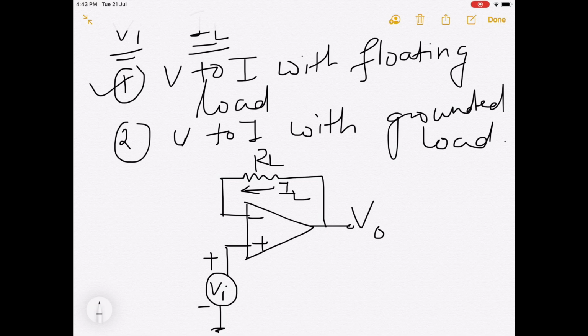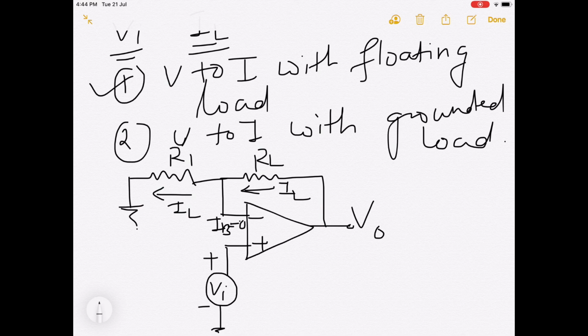Then there is another resistor R1, and this is grounded. So, current direction is like this, here IL, and this IB is approximately 0. So, this is the circuit with floating load.